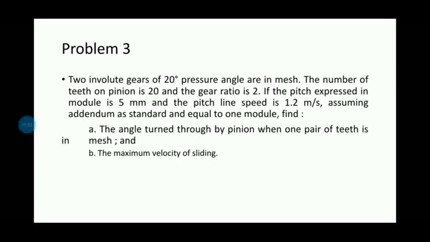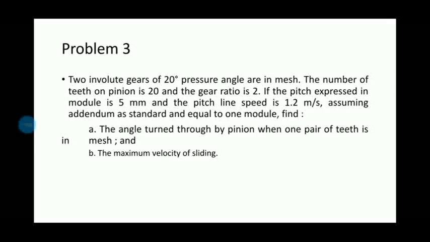So you will get small r and capital R. Then addendum is given as equal to 1 module, that is 5 mm. So R plus 5 will give you Ra. So you got all the required parameters, then substitute and find path of contact, then find arc of contact, then substitute in the equation arc of contact by 2 pi r into 360, you will get the angle turned by pinion.